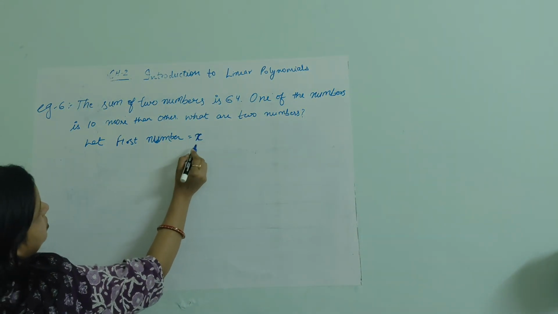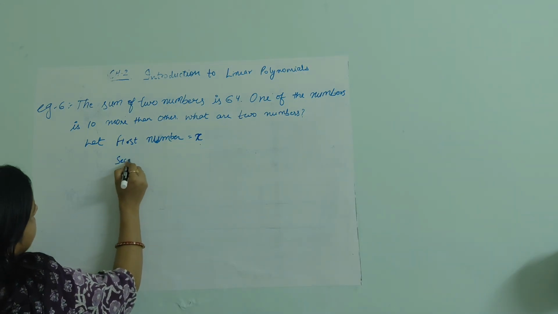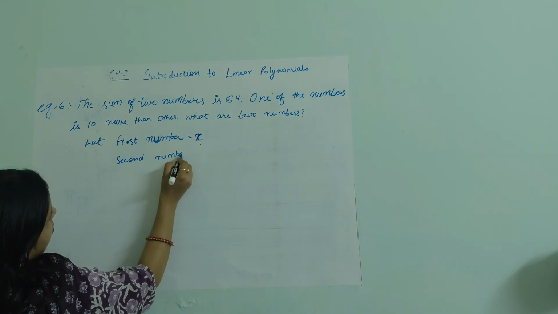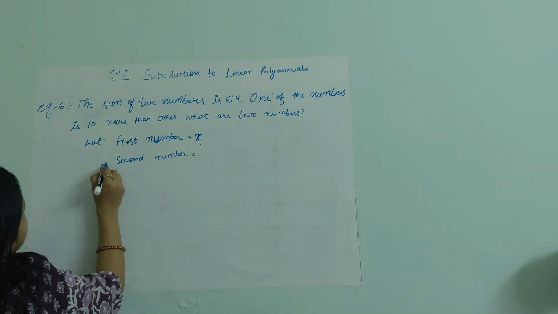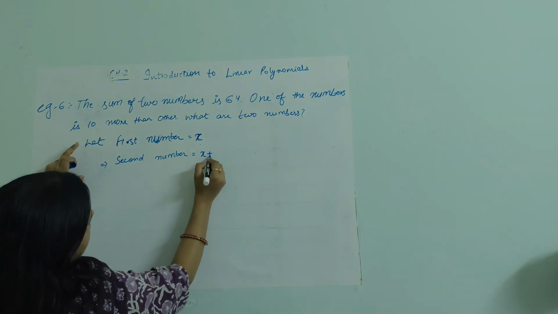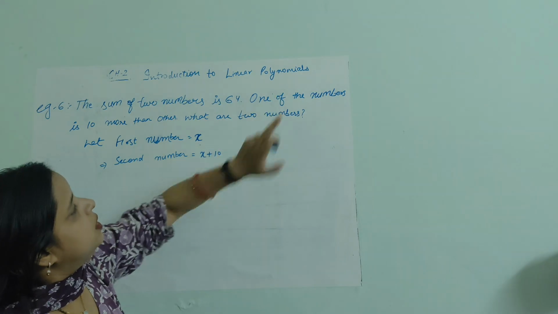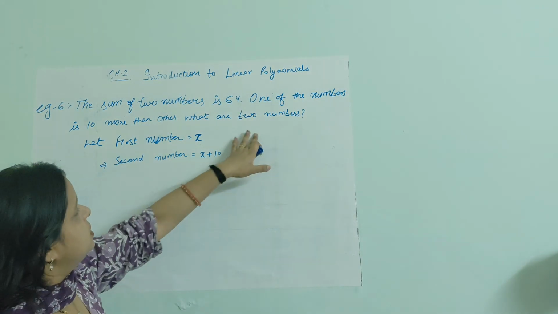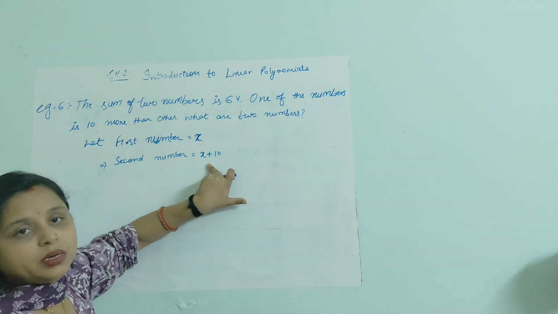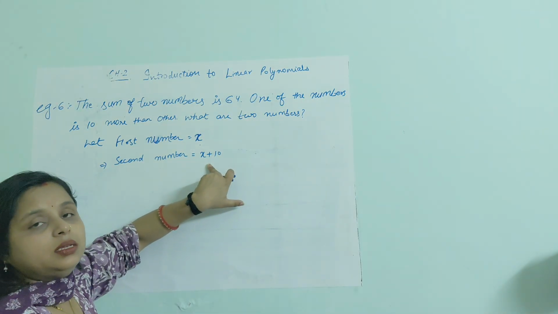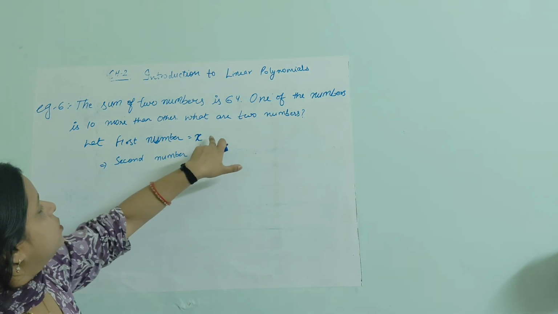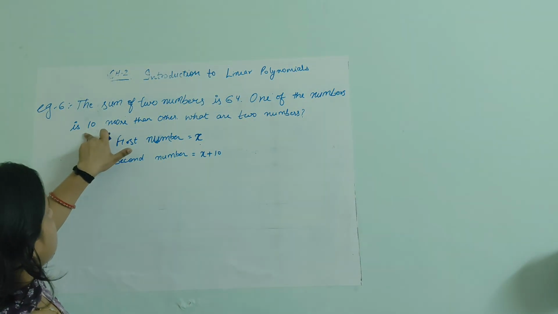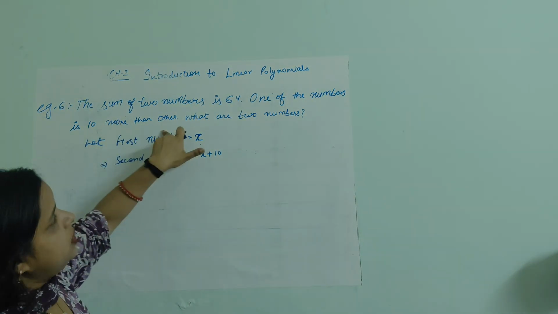Then if the first number is x, the second number equals x plus 10. It has not said whether the first number is 10 more or the second number is 10 more. So we can say any one of the numbers is 10 greater than the other number. So x is the first number, and the other number is x plus 10.